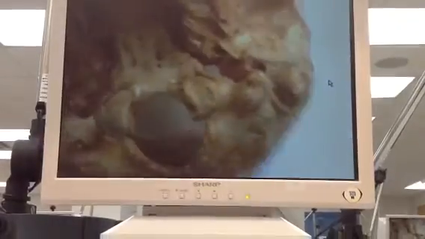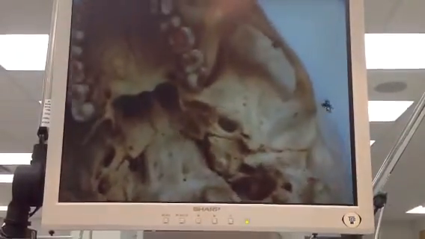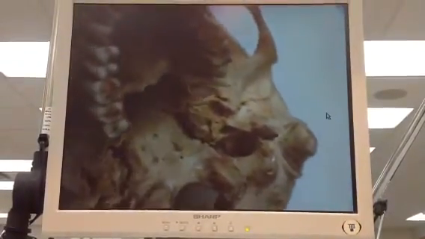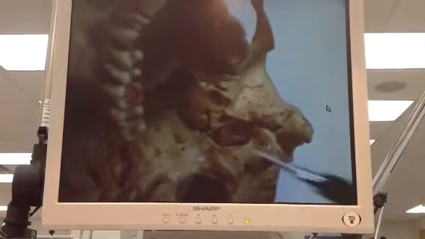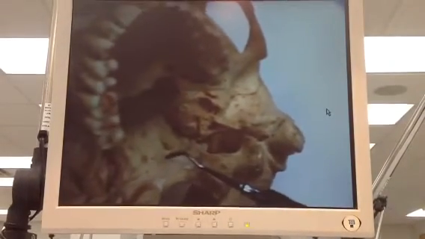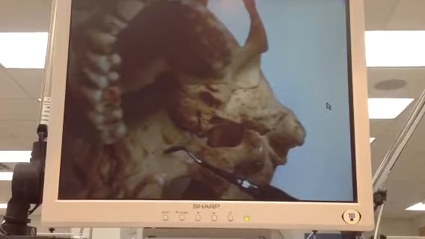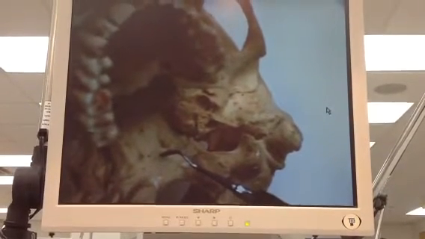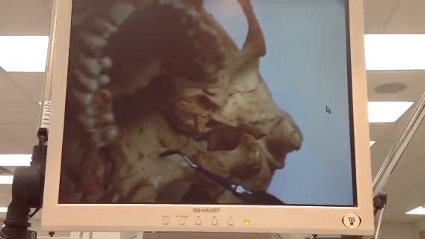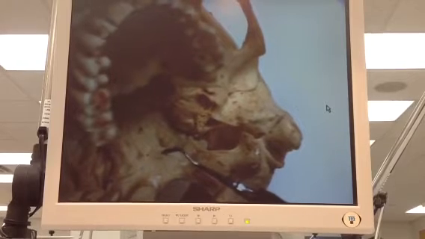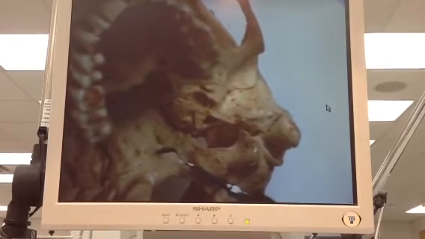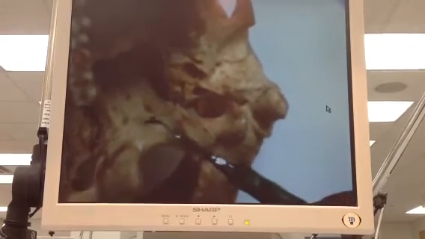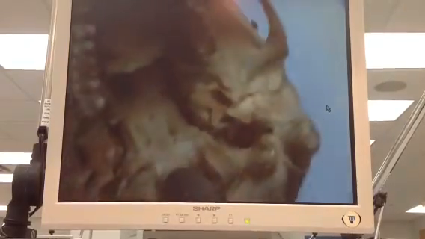That's blurry, I know. There's a bump right here on the occipital bone that's called the pharyngeal tubercle. That is a point of attachment for the superior constrictor muscle of the pharynx. Okay? So remember, pharyngeal tubercle, superior constrictor muscle.